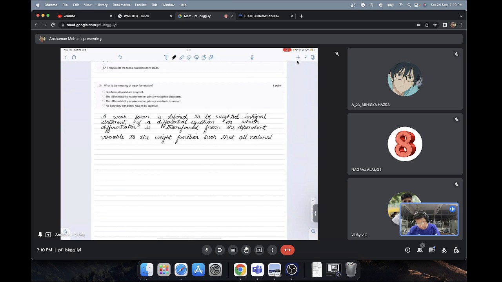So this definition is given in Reddy's book. Integral statement.